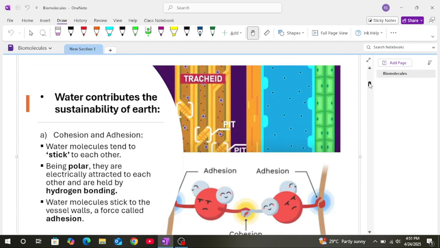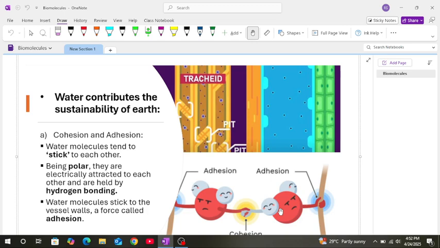What is adhesion? Now see, here we have a water molecule like this, but this water molecule is making a bond or is adhering or sticking with another substance, which is not a water molecule. When a water molecule is attracted or has attractive forces or adheres with other molecules apart from water molecules, that particular process is called adhesion.